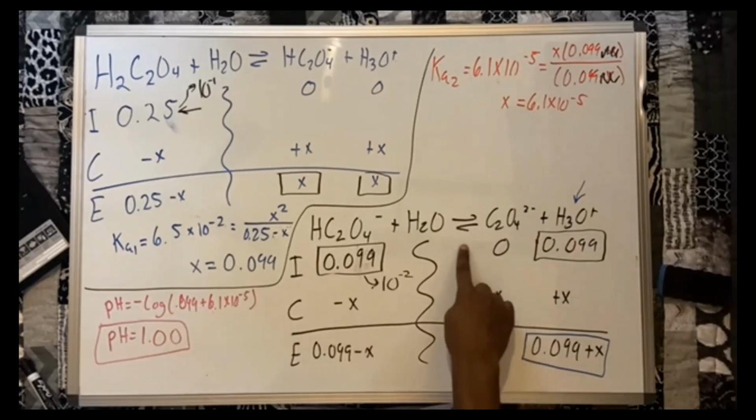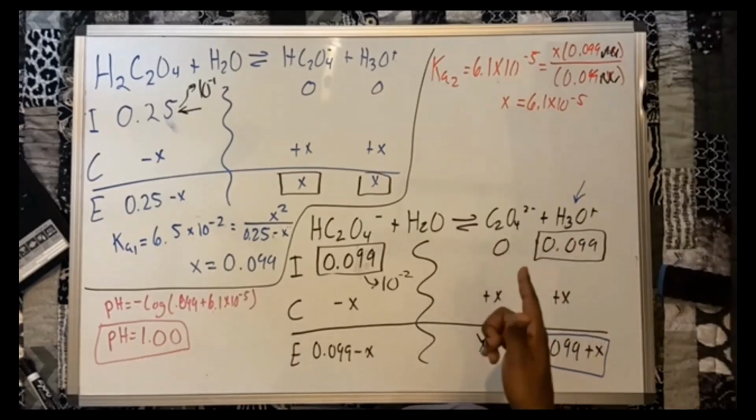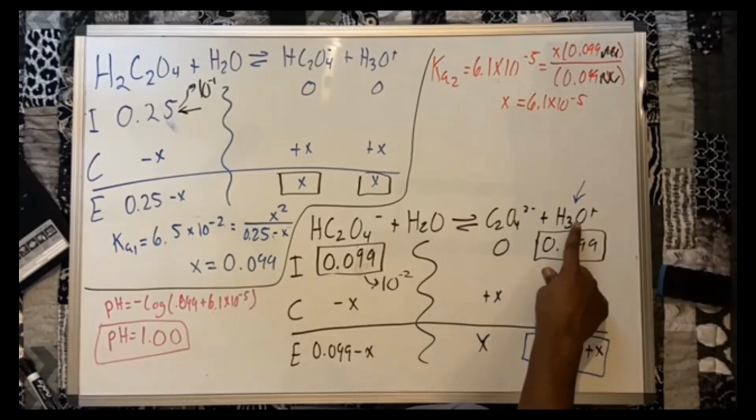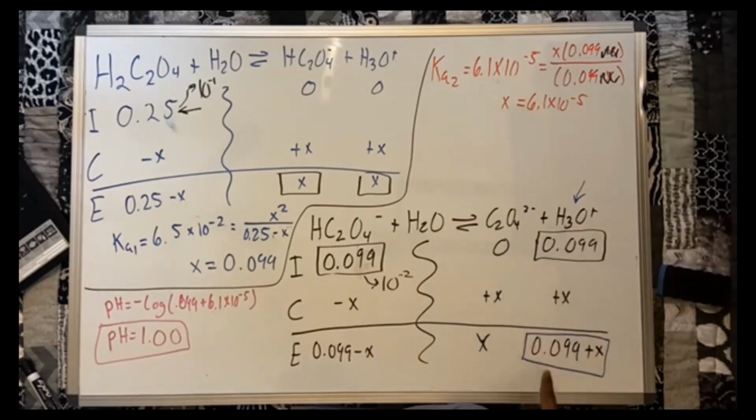If it had been a base, then I would have looked at the equilibrium amount for OH minus to get pOH, and then from pOH, I would go to pH. The only reason I chose this is because I want my pH, and to get pH, I need the H3O plus concentration at equilibrium. So you could have used the C2O4, but you would have had to do an extra step.